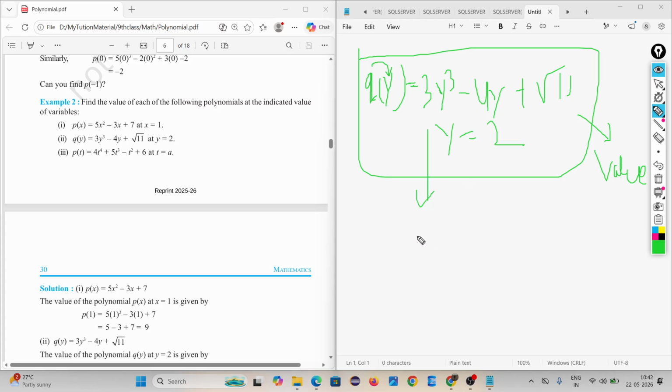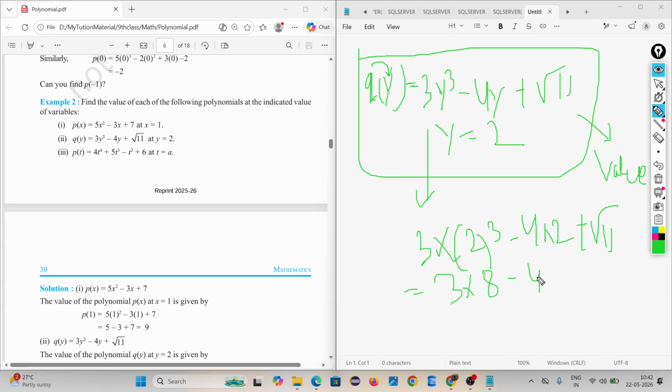Okay, look. 3 into 2 to the power 3, minus 4 into 2, plus root 11. 3 into 2 cubed, how much? 8, sir.